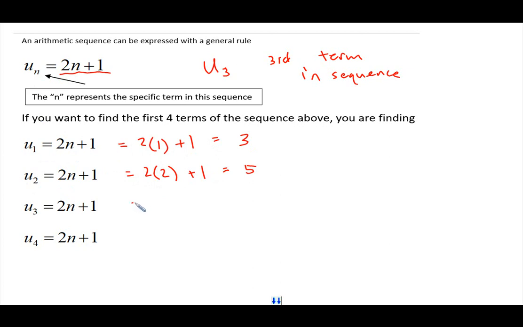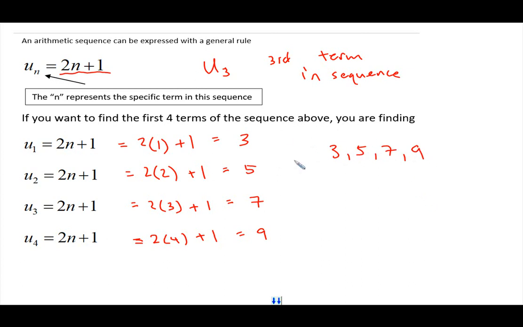Over here, n is 3, 2 times 3 plus 1, we get 7. Over here, n is 4, so 2 times 4 plus 1, we get 9. So for this general rule, the actual list of numbers would be 3, 5, 7, 9.